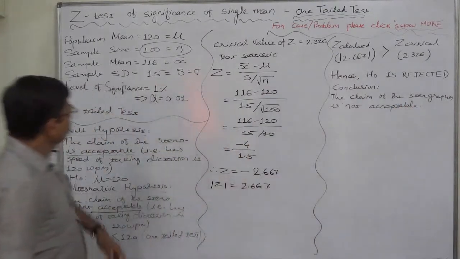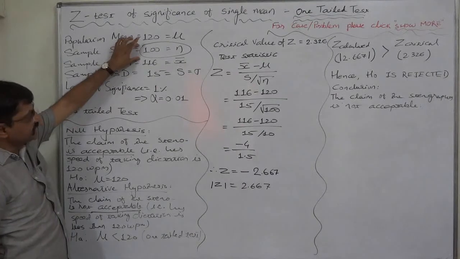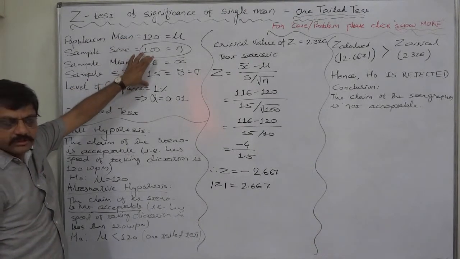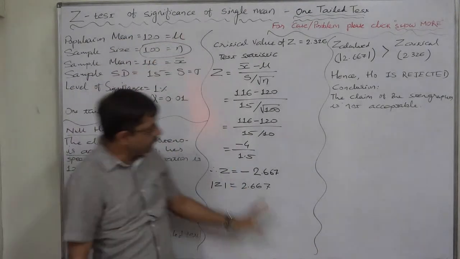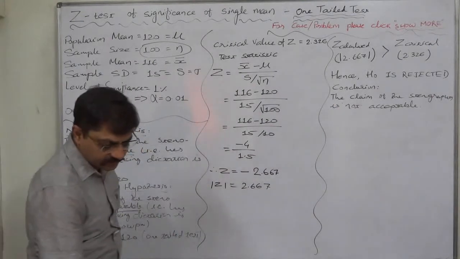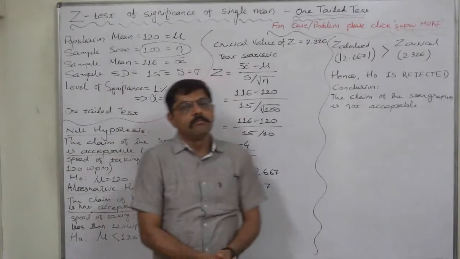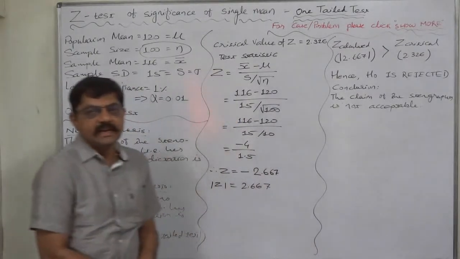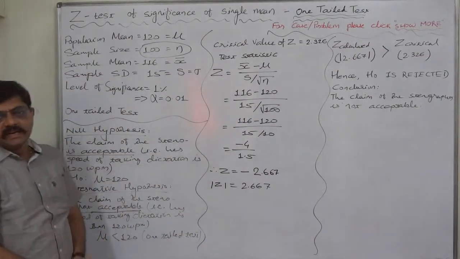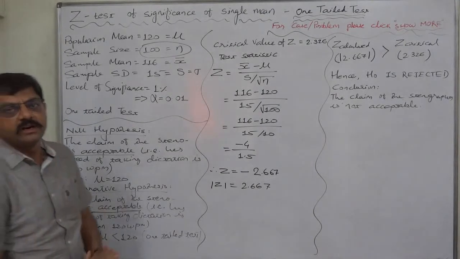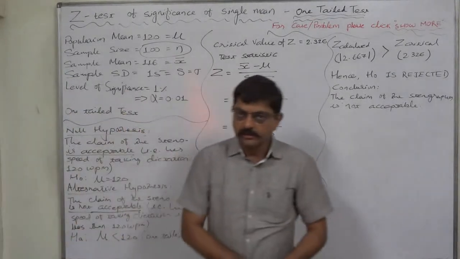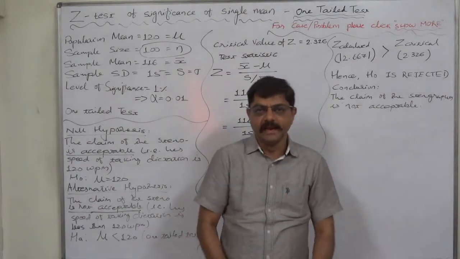On the basis of these 100 trials and statistical data relevant to these 100 trials and the process of testing of hypothesis, we can say that she cannot actually take dictation at a speed of 120 words per minute, though she has claimed so.